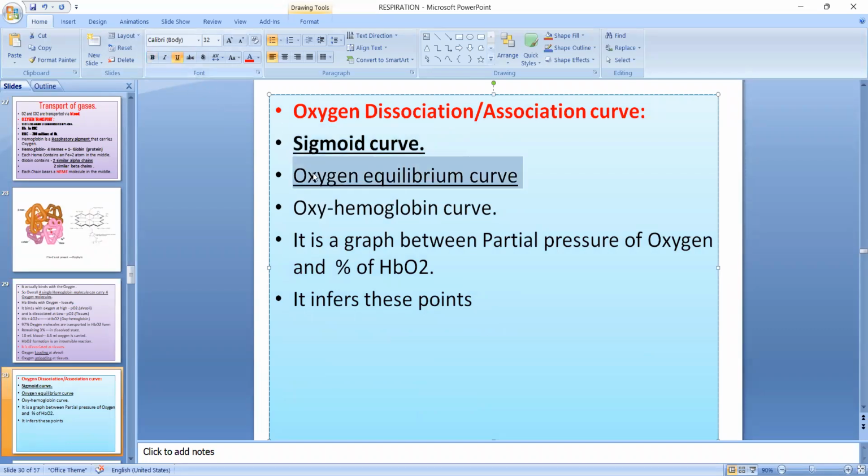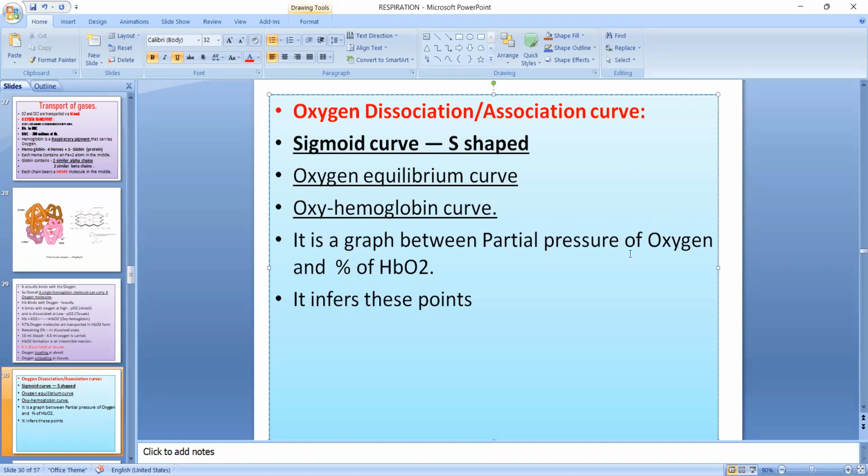What does it explain to us? Anyway, the oxygen association or dissociation curve is also known as the sigmoid curve because the curve is S-shaped. In biology, if a curve is S-shaped, it is called sigmoid.